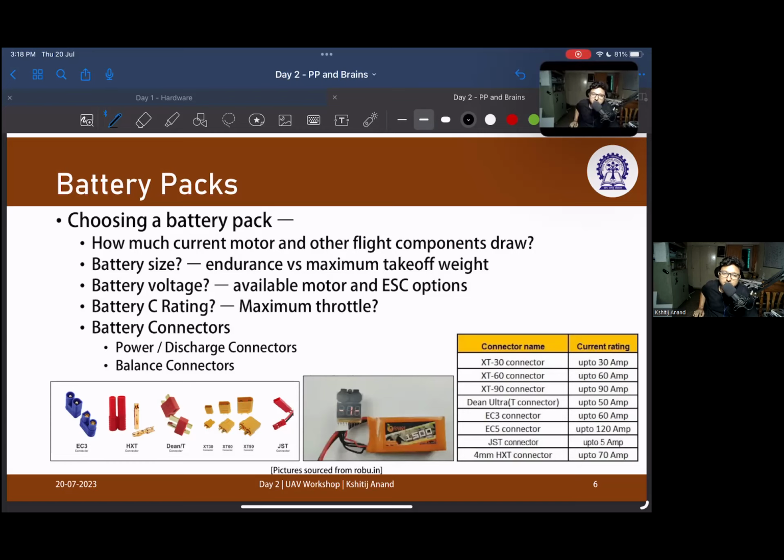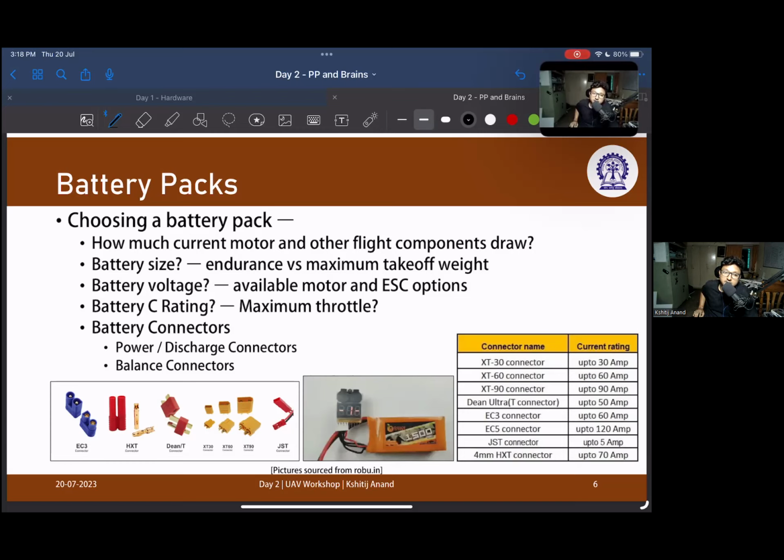So you must see that the maximum discharge rate of your battery is able to match the maximum current required by the motor at 100% throttle, because that is the time it is going to require maximum current.